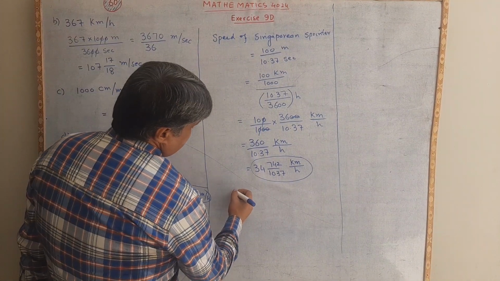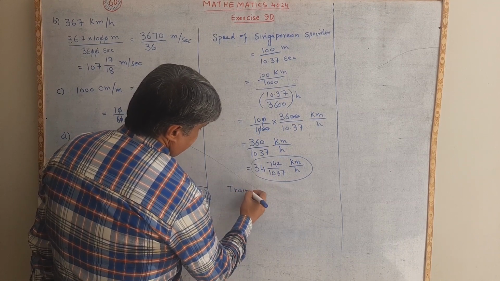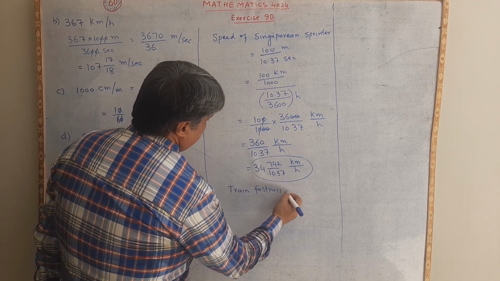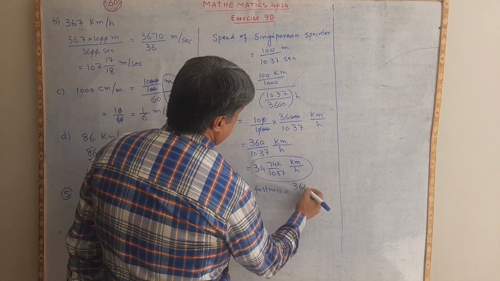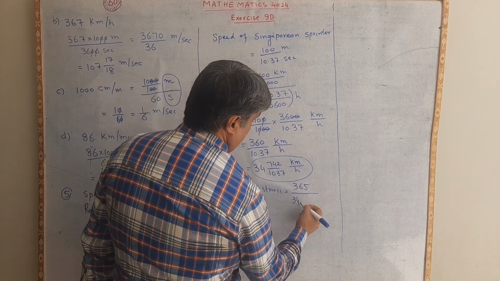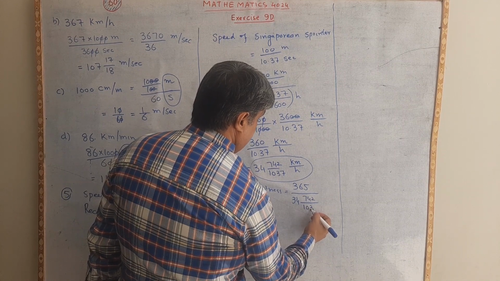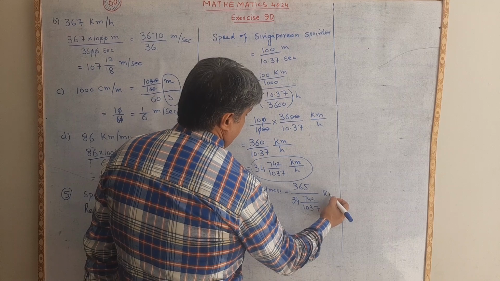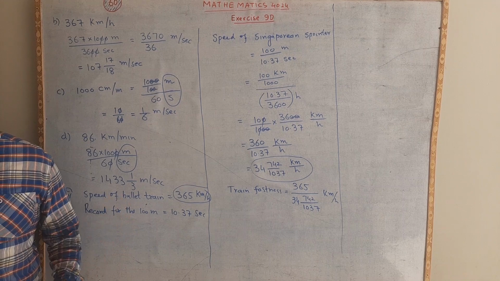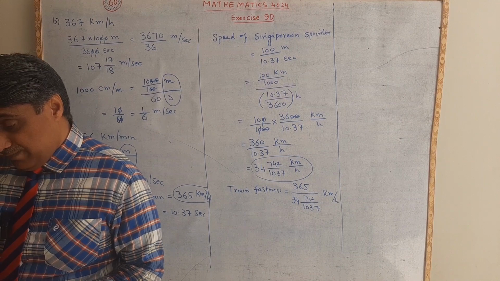So the bullet train fastness is equal to 365, which is this one, and we will divide 34 whole 742 over 1037 kilometer per hour. Both are in 1 unit. For ratio, you remember that both units must be in 1.